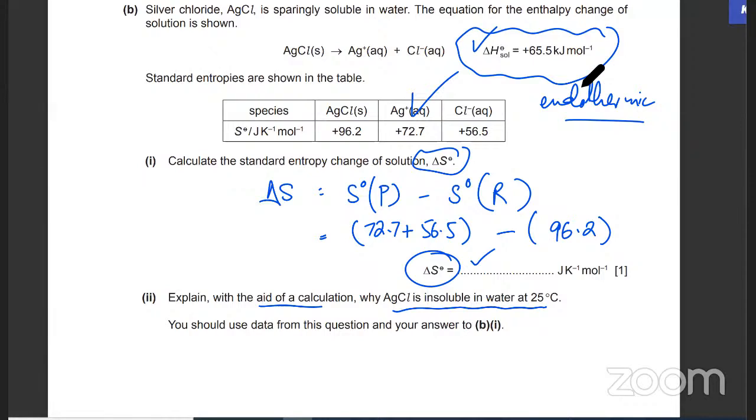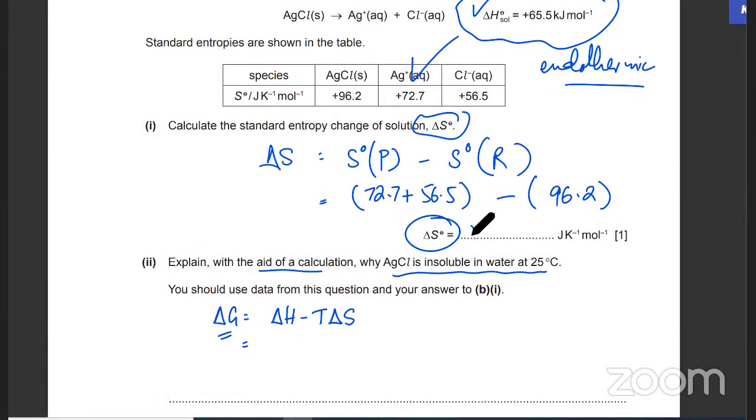The general answer would be it's endothermic, so obviously it needs energy. So delta G is equal to delta H minus T delta S. So what are you going to calculate? You're going to calculate delta G. What should delta G come out to if it's unfeasible? Positive, more positive.